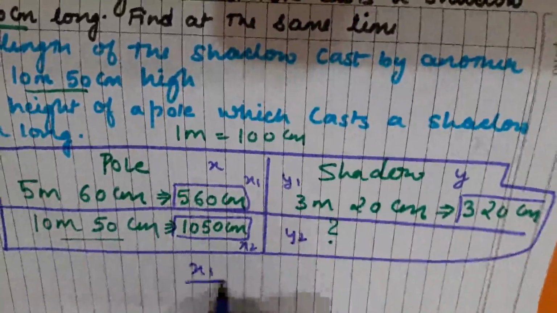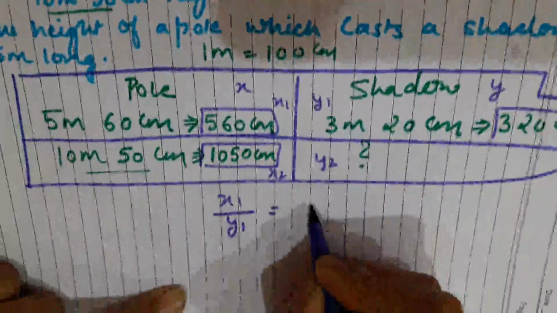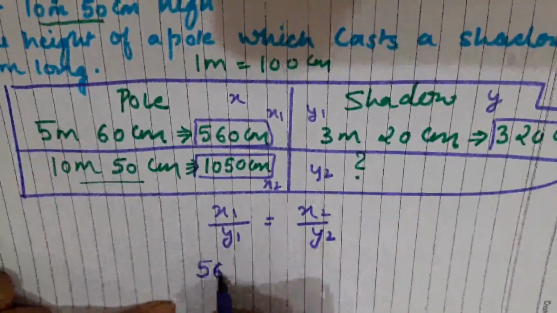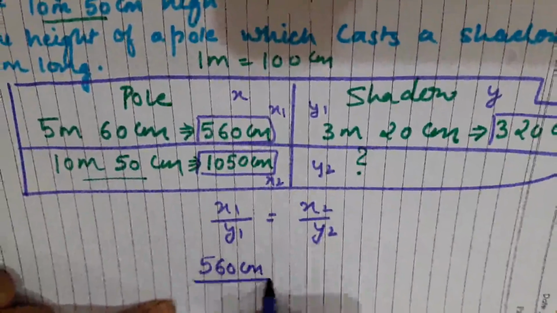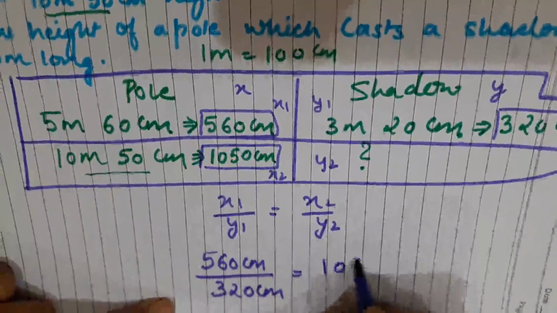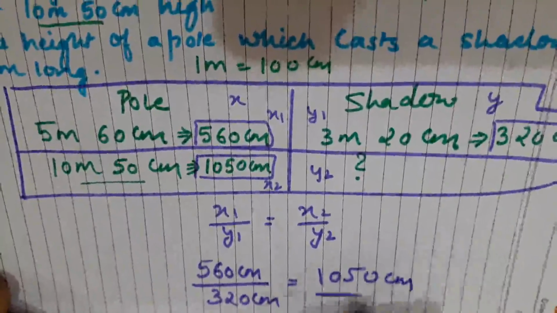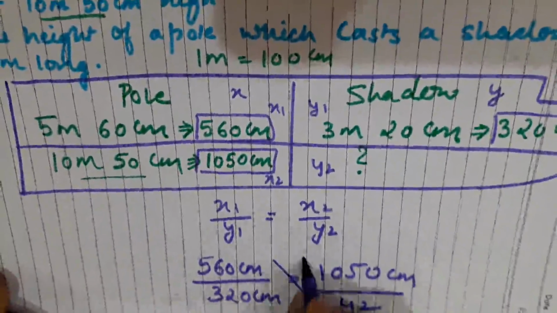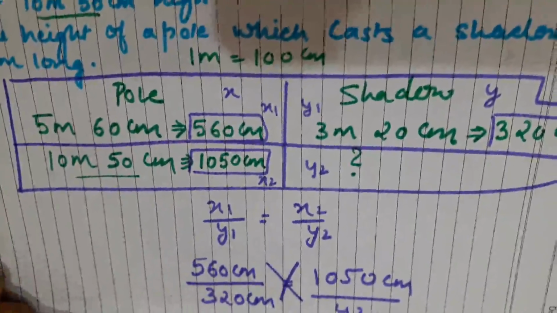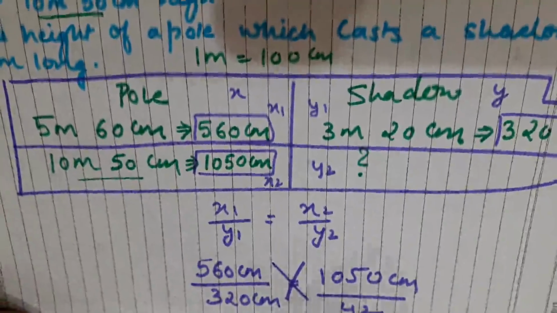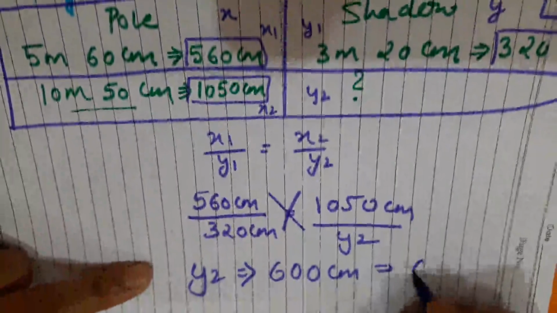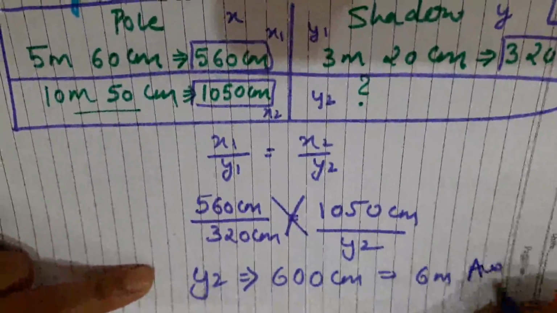So x1 upon y1 equals x2 upon y2. 560 centimeter upon 320 centimeter equals 1050 centimeter upon y2, which we need to find. Do the cross multiplication, you will get the y2 value, that is 600 centimeter. It means near about 6 meter. So this will be your answer.